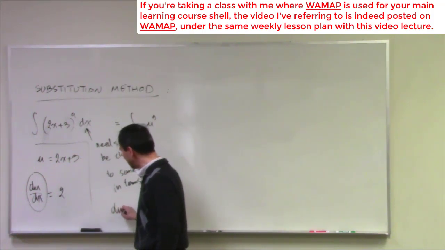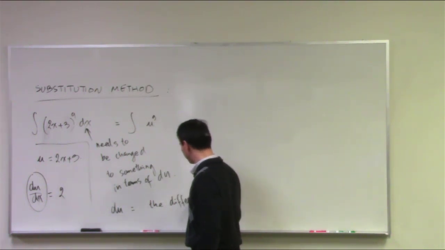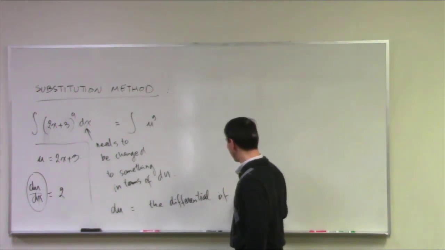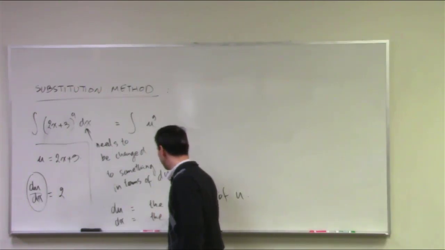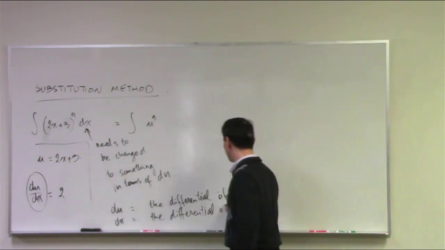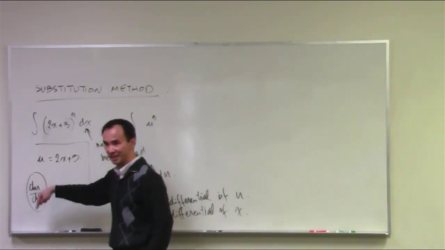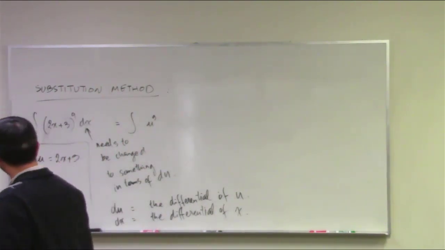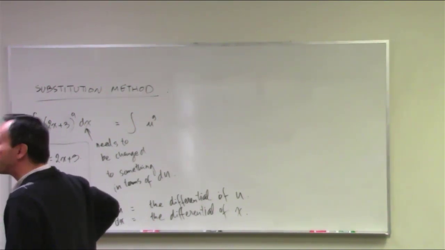The du here is called the differential of the u variable, and the dx here is the differential of x. The clear explanation of how this is all allowed is in the video, but it's okay at this point. The du dx is understood as a fraction between two differentials.